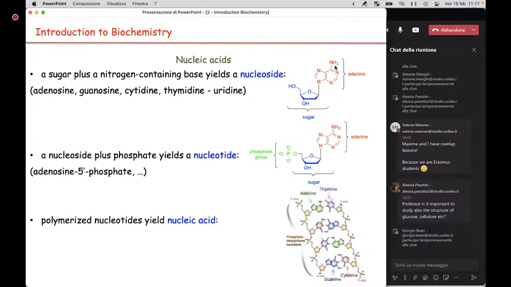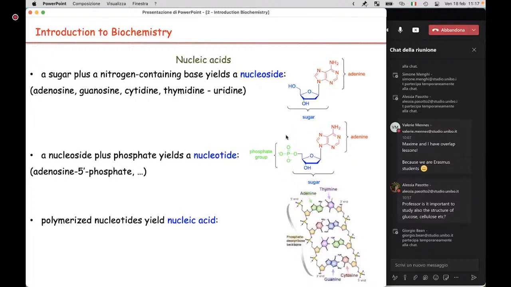So when we bond, for example, a nitrogen-containing base like adenine with the sugar, the deoxyribose, we obtain a nucleoside. So this is a nucleoside, nitrogen-containing base plus sugar. And here you can see that this is the bond between the base and the sugar, and in another position here, you can connect a phosphate group.